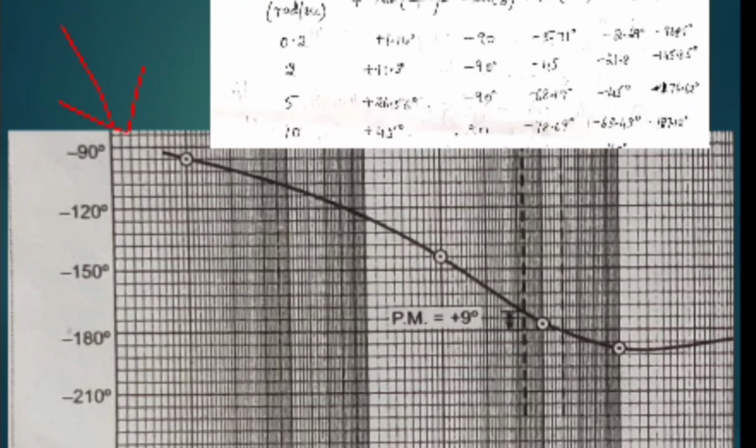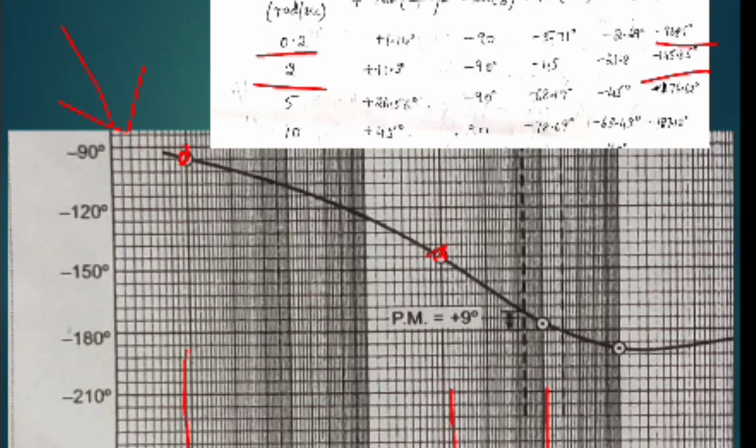This is the phase plot. Now we'll see the first reading, that is at 0.2 we have the resultant angle as minus 96.85, and the second reading is at 2, it is minus 145.85.